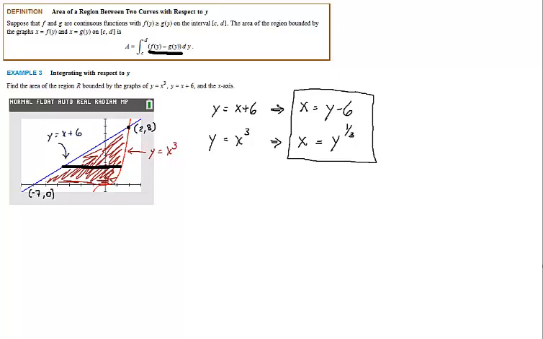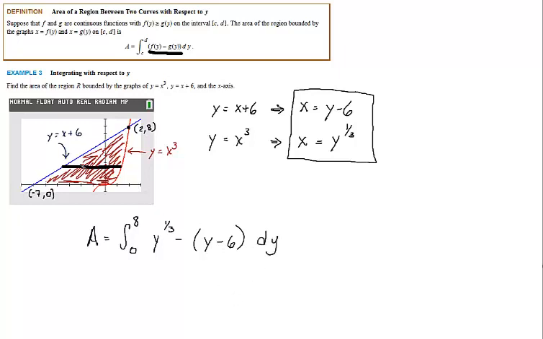I'm just going to concern myself with these y values because my limits of integration go from y is 0 here because of the x-axis on up to 8 because I'm integrating with respect to y. The function that is considered to be on top is the rightmost one, and that is the y to the 1/3 minus this y minus 6 dy.